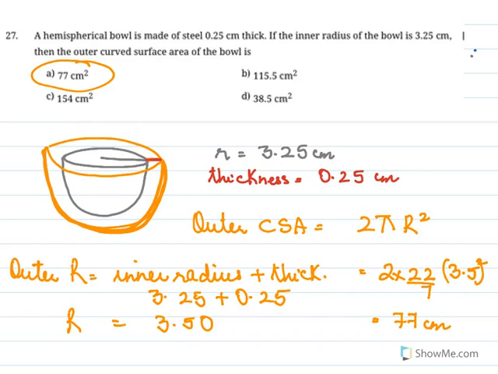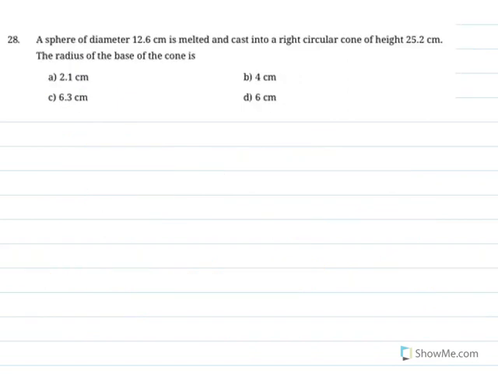So here the inner radius was given, you added 0.25 and found the outer radius, because you require outer radius for the outer CSA. A sphere of diameter 12.6 centimeters is melted and cast into a right circular cone of height 25.2 centimeter. Find the radius of the cone.